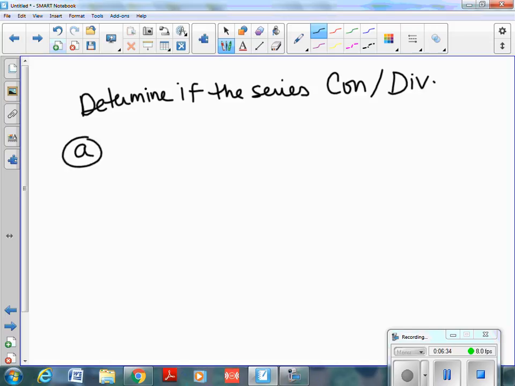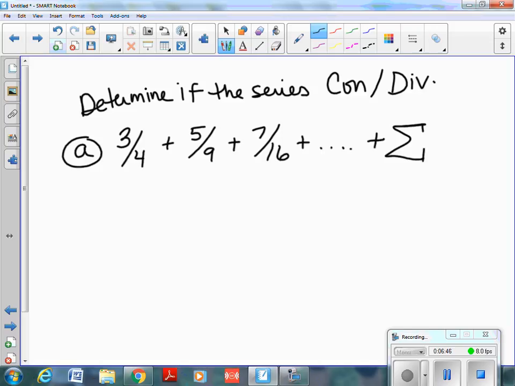Here's the first one, A. It goes 3/4 plus 5/9 plus 7/16 plus ... and here's the formula for the series: the sum from n equals 1 to infinity of 2n plus 1 over n plus 1 squared.